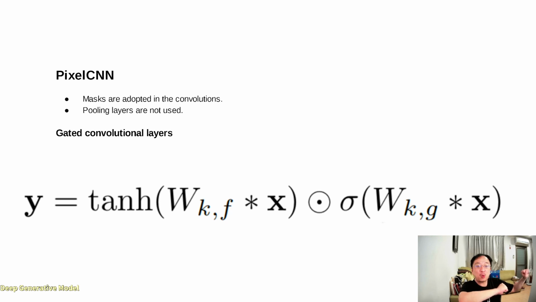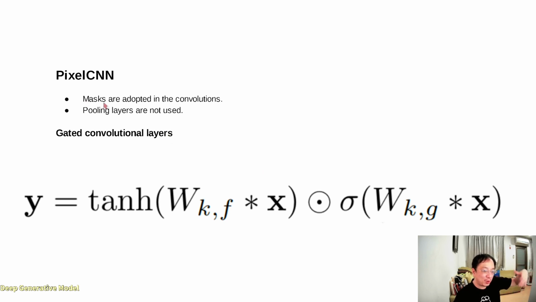We have a quadratic operation. So here, this one is a gate. They put a gate into the convolution layers and call it a gated convolutional layer. It turns out it improves the performance a lot.